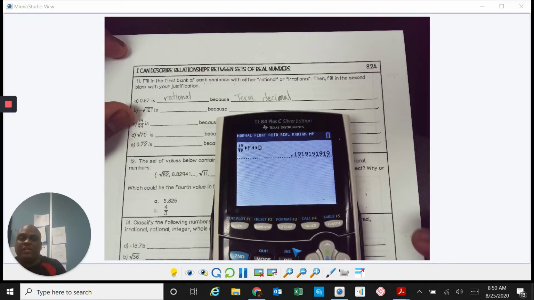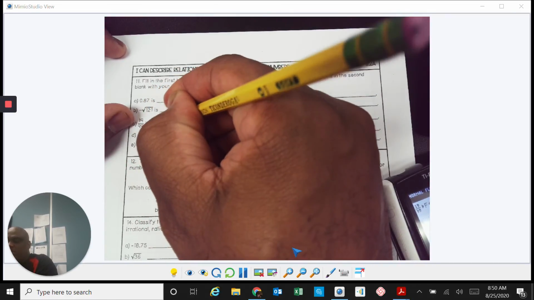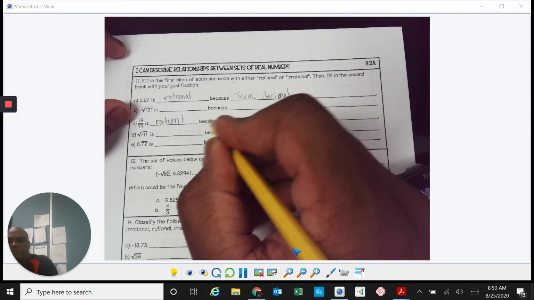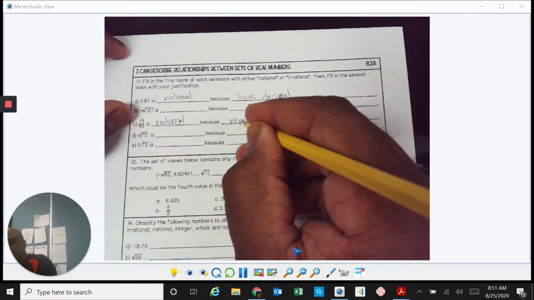This is repeating: it's 19, 19, 19, 19, 19, 19. So this will end up being a repeating decimal, and this will be a rational number.